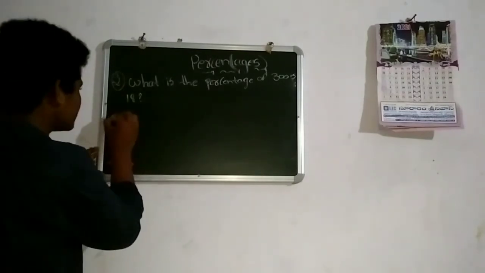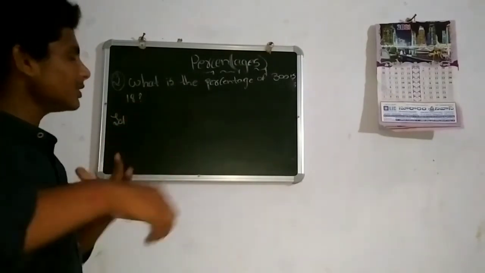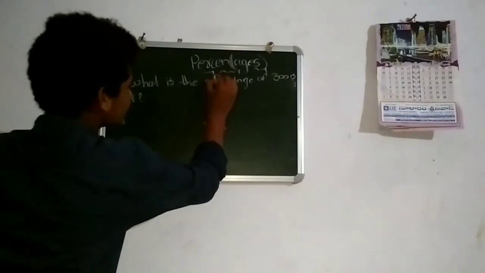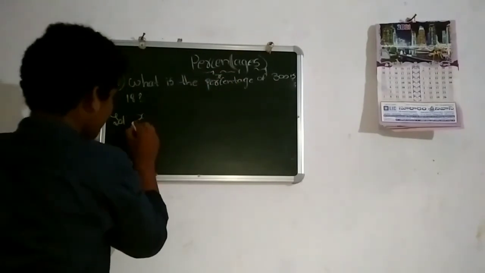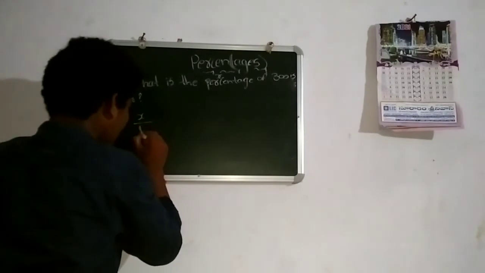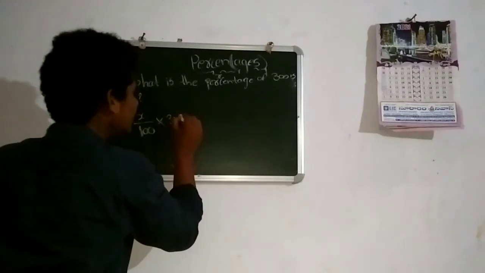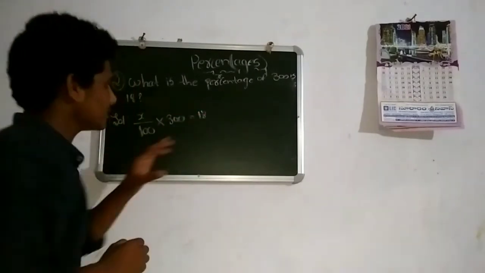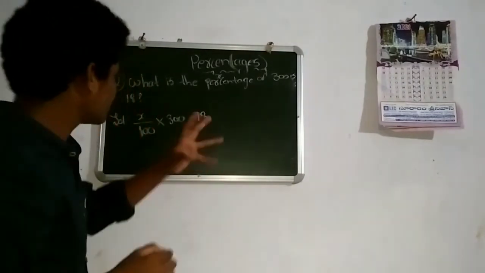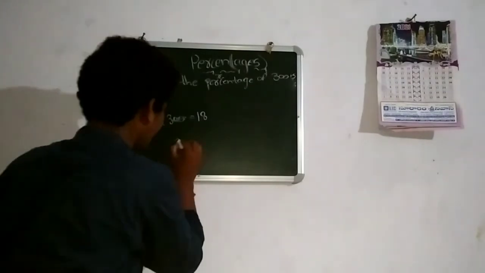The solution is simply, we know what is the percentage. The percentage we don't know, so let's keep it as x. X by 100 into 300 is equal to 18. Two zeros, two zeros.